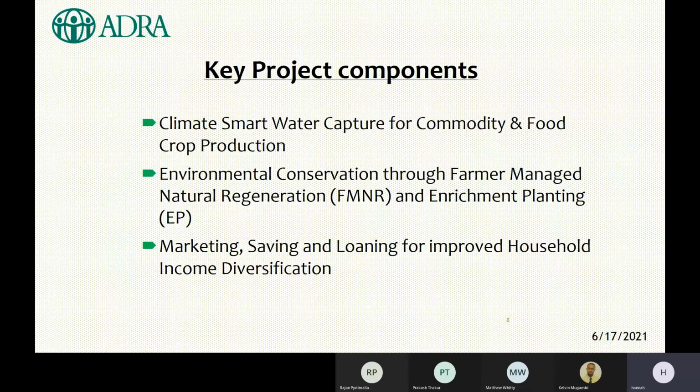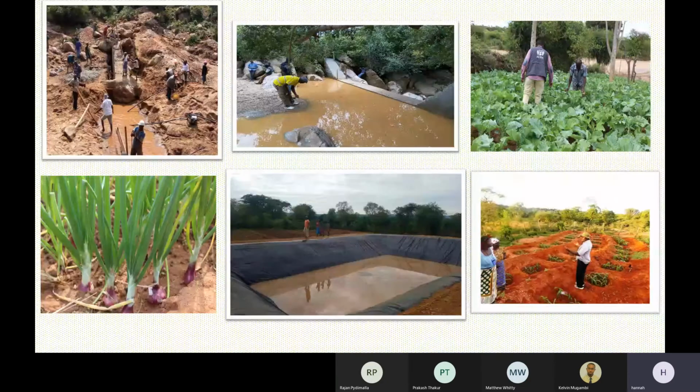These are the key areas that were covered: climate-smart water capture for commodity and food crop production, which is a new innovation that was used; environmental conservation through the farmer-managed regeneration approach and enrichment planting; and lastly, marketing, saving, and loaning for improving income diversification.